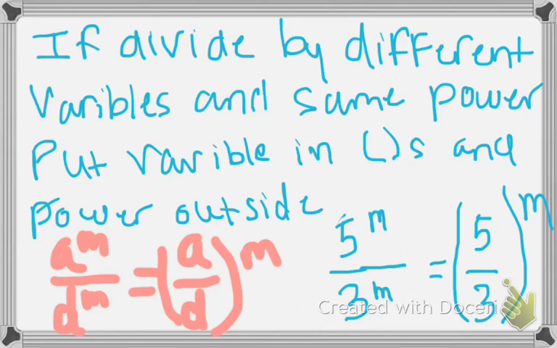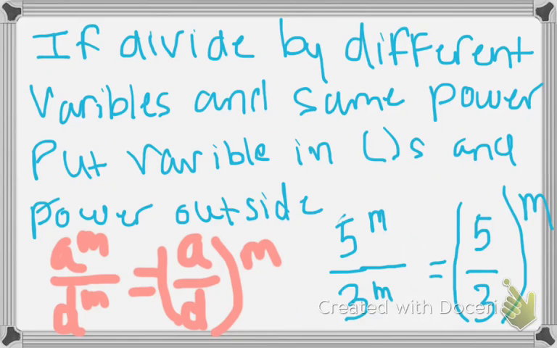You will carry over your variables but keep the fraction. So it will be a over d. But because the powers are the same, they will just carry over, which will give you a over d in parentheses to the power of m outside.